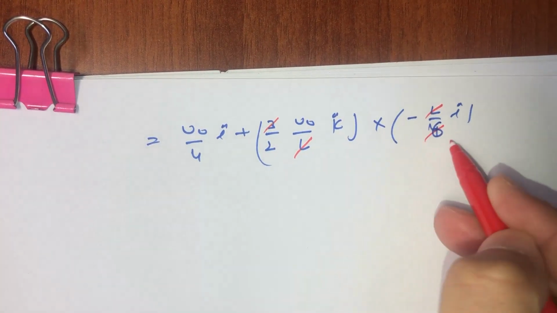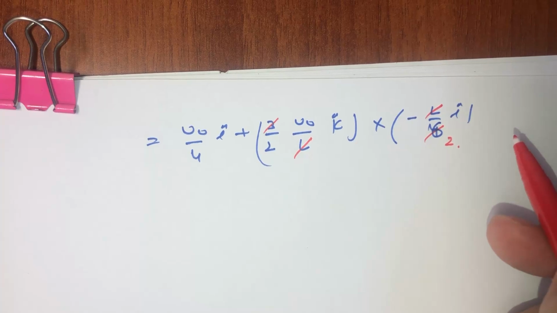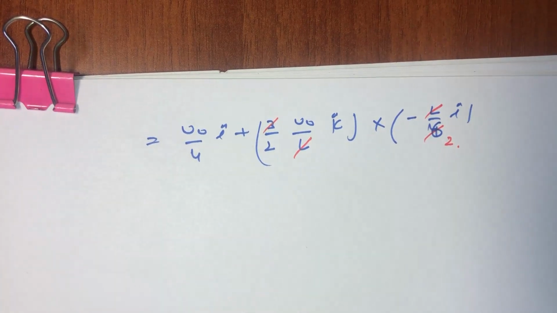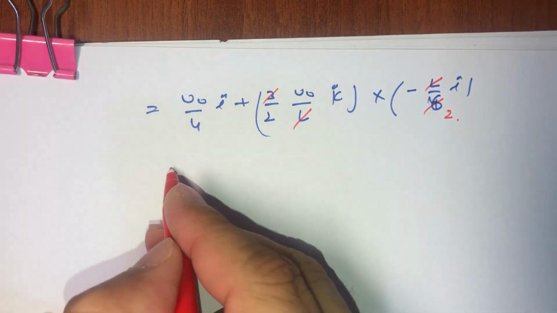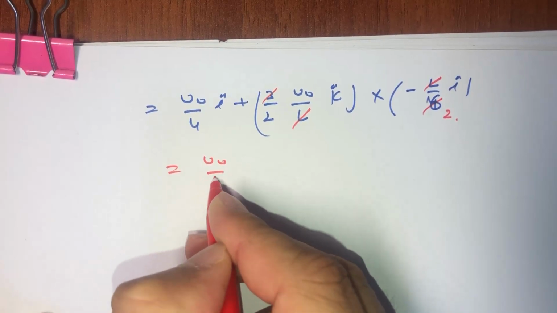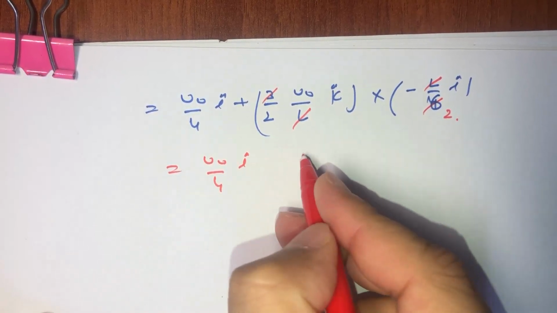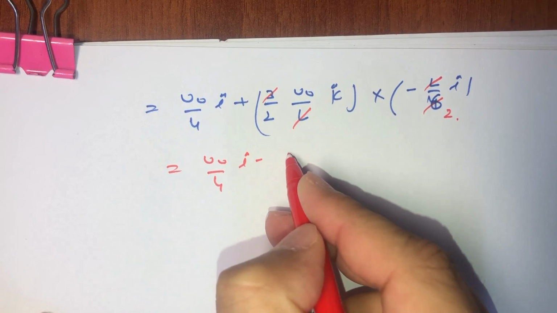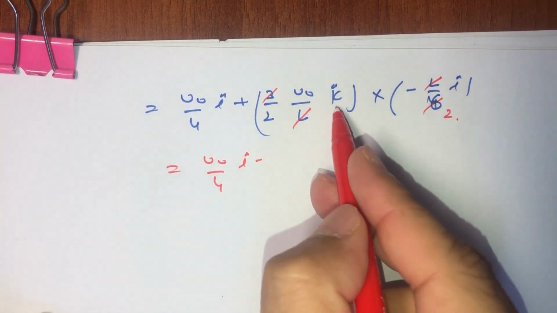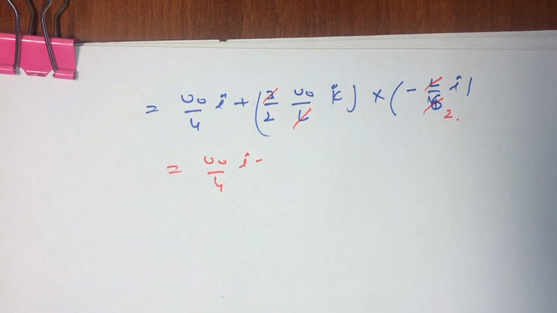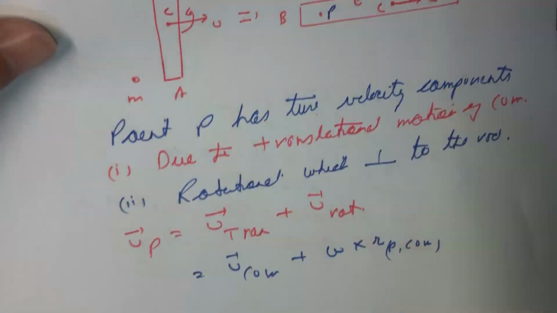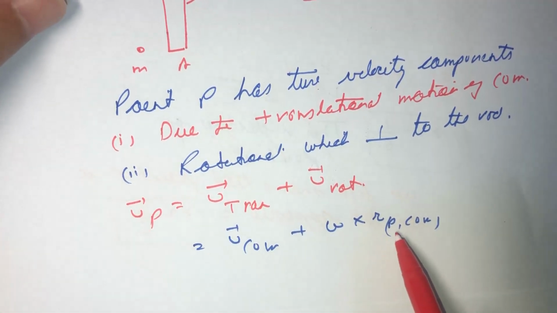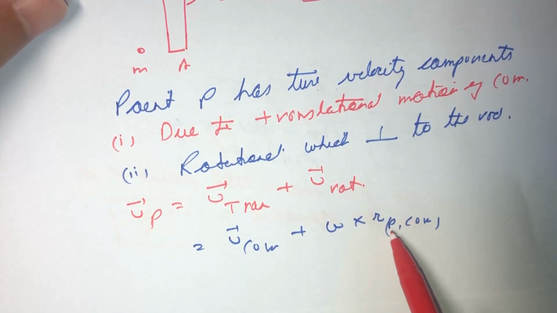This L cancels with L, and 3 cancels with this, we get 2. So this is equal to V0 upon 4 I, and this is our omega cross R, the position vector of point P with respect to center of mass.